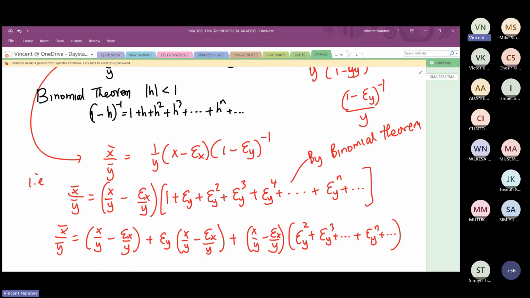Do you agree with that expansion? Does it make sense?